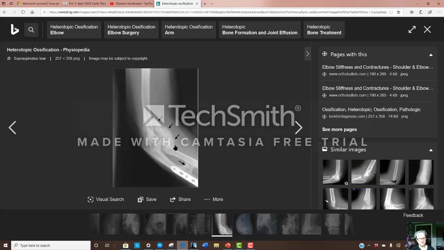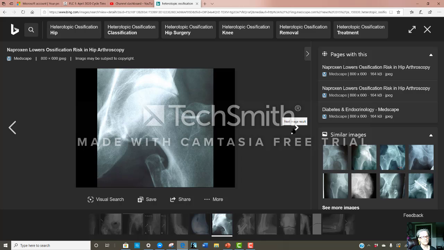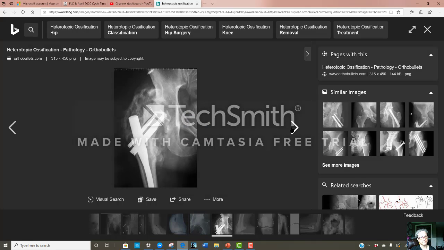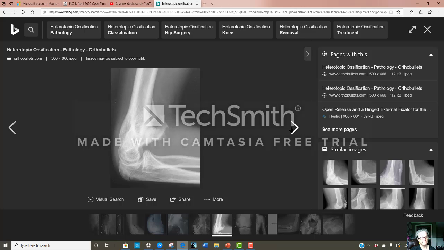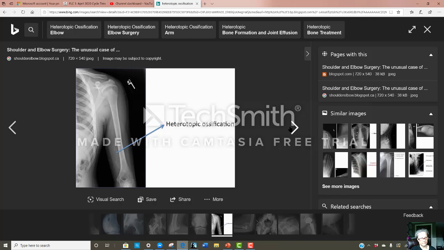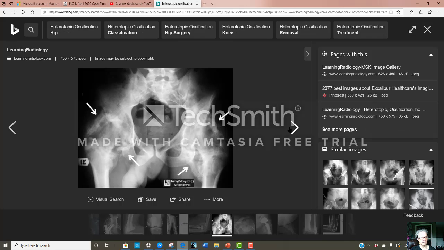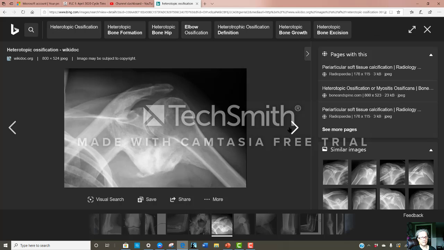There's some right here and here. There in the knee. Hip. Elbow. Looks like a knee. So, no bueno right here.